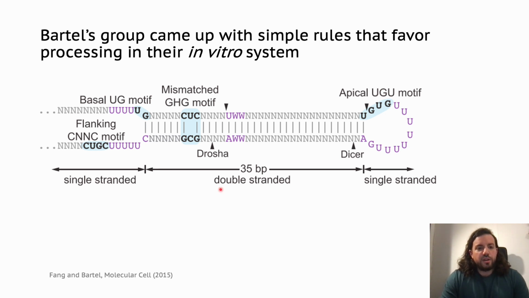And they came up with simple rules that favor processing in their in vitro system. So they saw this motif, which was already known, the mismatched GHG motif, and some sequence motifs, but apart from that, they maintain that there are not really other motifs there.